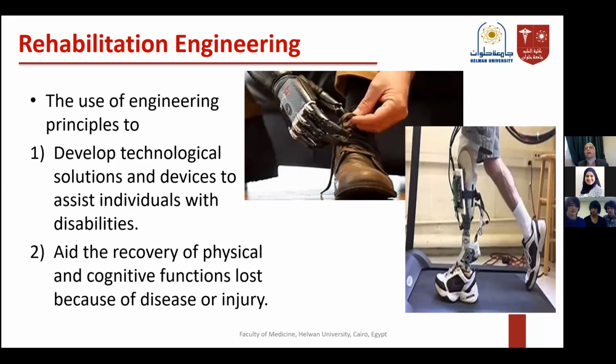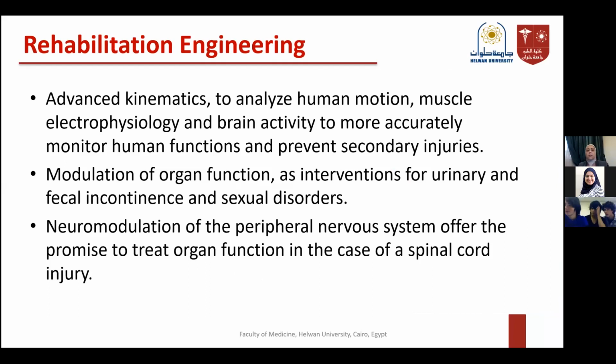It can be helping patients with, for example, spinal cord injuries, or helping patients with a stroke to move or to have control over the devices around them. It can aid the recovery of physical and cognitive functions, such as the cochlear implant in the ear for those that have lost their ability to hear. So this is called rehabilitation engineering.